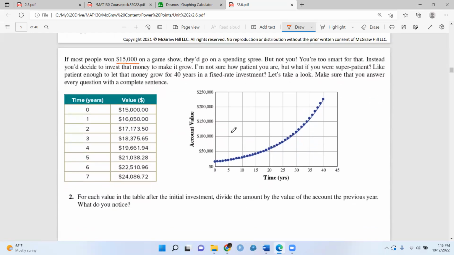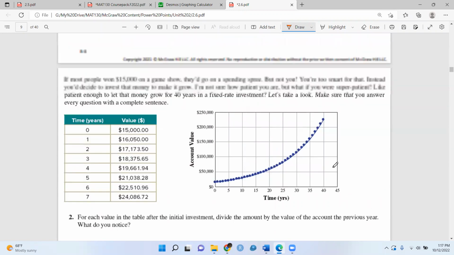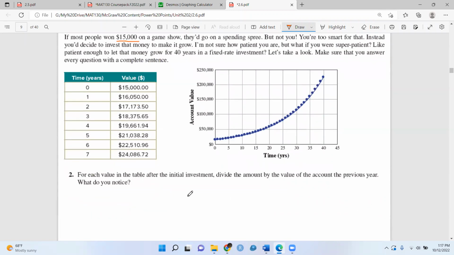We don't know how this investment grows. We just know this is happening, and this is the look of it. We should just glance at this and state, oh, that doesn't look particularly linear, right? There's a curvature to this line. And so we probably already know it's not linear, but let's do some of this stuff.